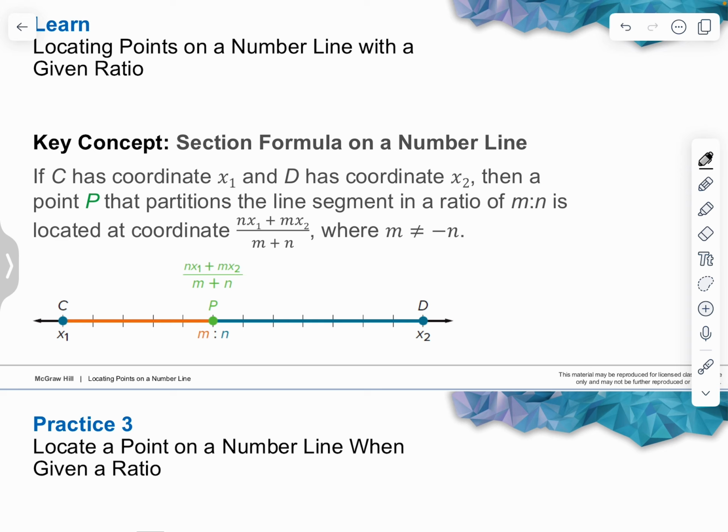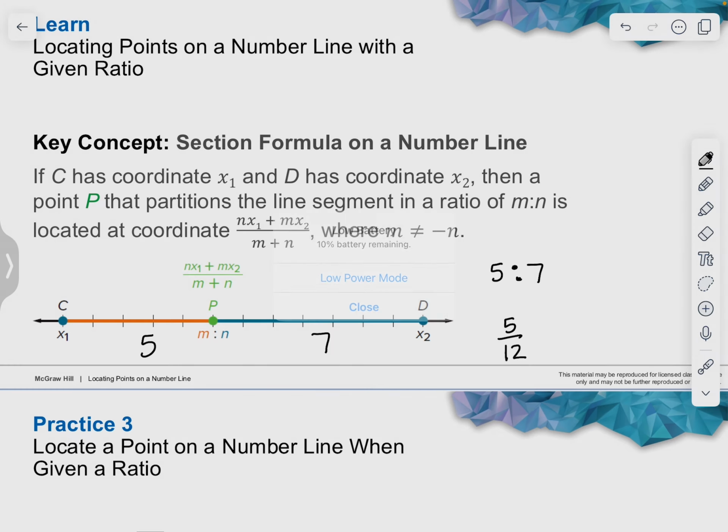This side has 5 parts and this one has 7 parts, so this would be a 5 to 7 ratio. That's a little different.